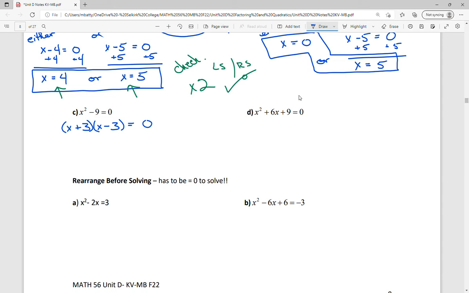Again, sounds like a robot. I always make this weird gesture. You can't see, like, robot arms. I'm doing it right now. So either x plus 3 equals 0 or x minus 3 equals 0. So x equals negative 3 or x equals positive 3.